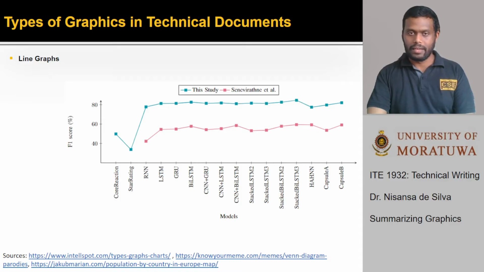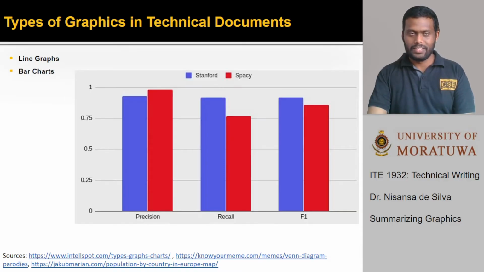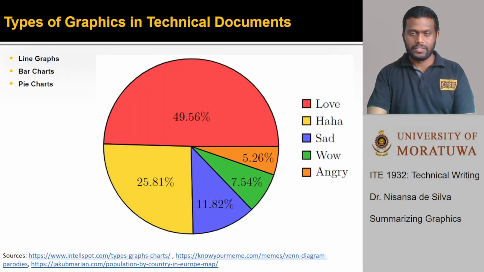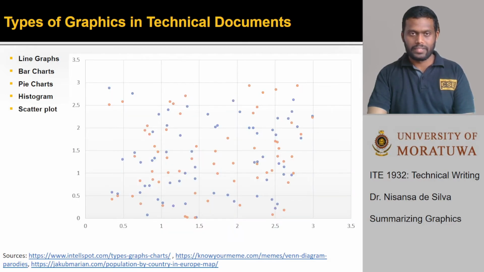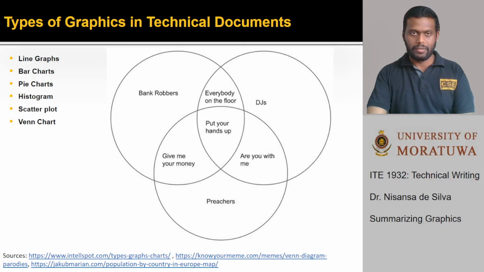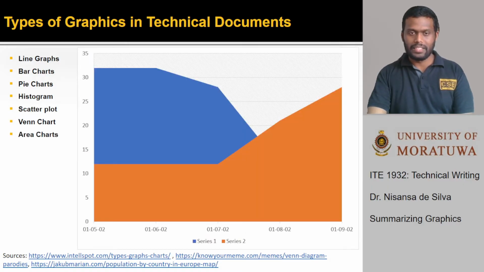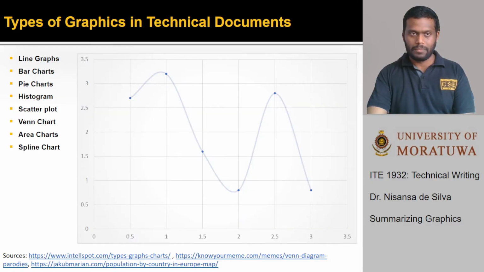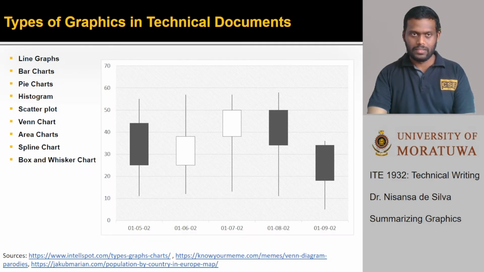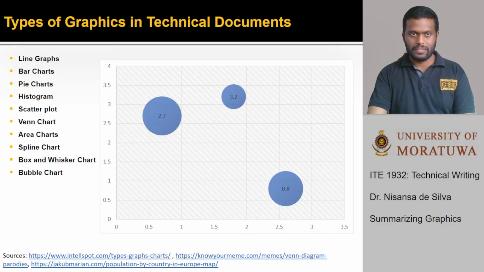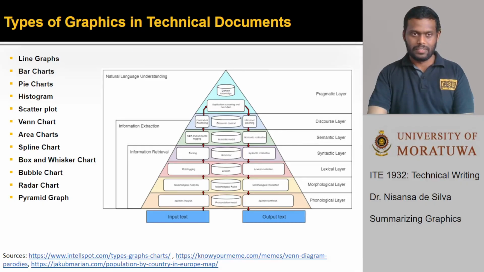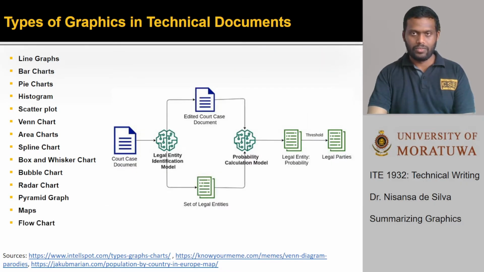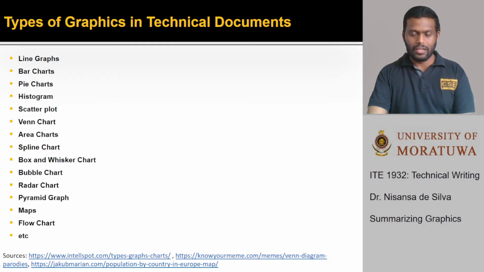You have line graphs, bar charts, pie charts, histograms, scatter plots, Venn diagrams, area charts, spline charts, box and whisker charts, bubble charts, radar charts, pyramid graphs, maps, flowcharts, and a lot more.